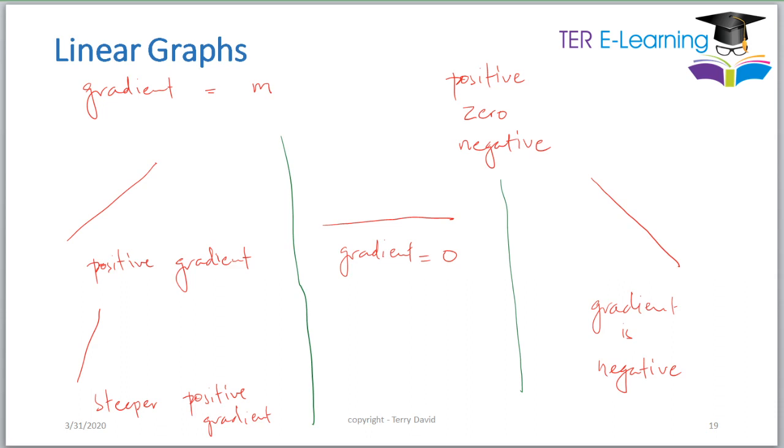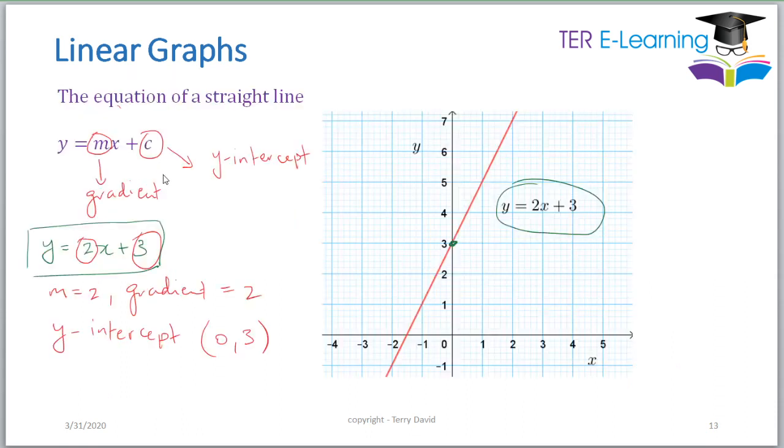So look at this. Let me go back to our graph that we did previously. So this is our graph that we did previously here. If we look at the equation of the line, it was y equal 2x plus 3. Now, the gradient of this line is 2, which is positive. So you notice how the line is sloping, right?